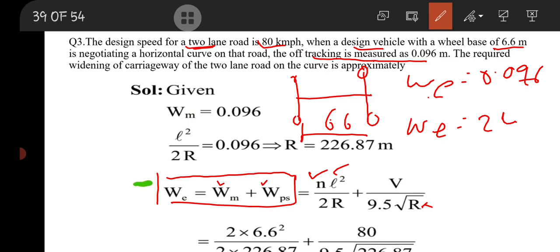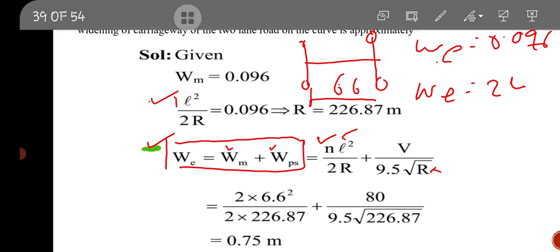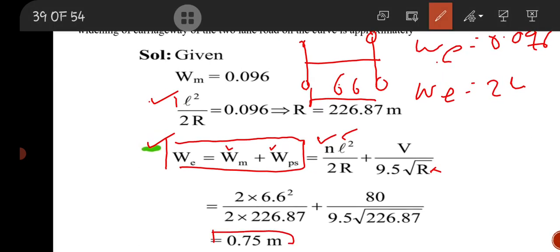As everything is given, we can calculate radius from this formula by adopting N equal to 1. Then we will calculate extra widening based on this formula, and our extra widening comes to 0.75 meter.